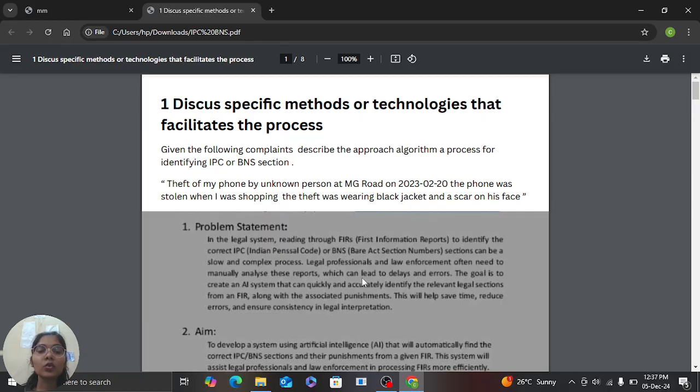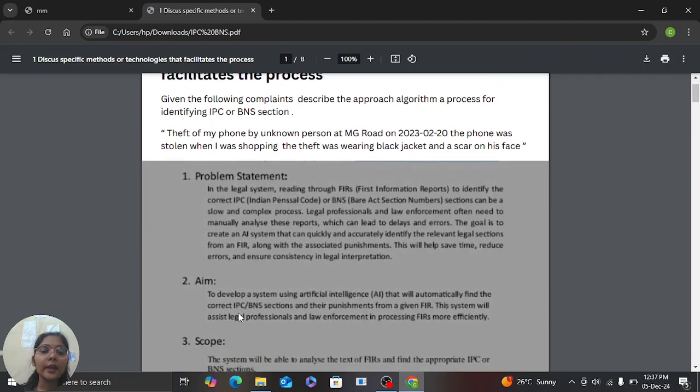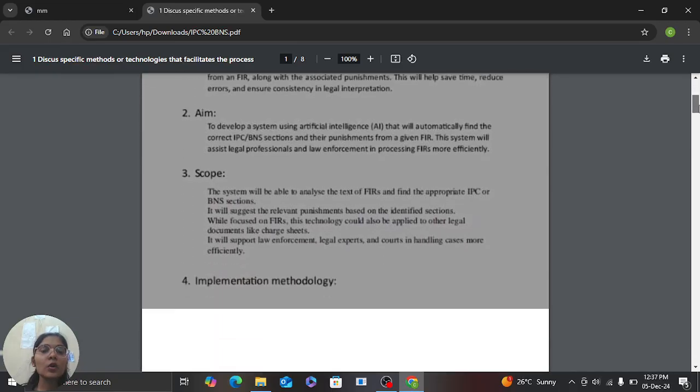So basically the goal is to create an AI system that can quickly and accurately identify the relevant legal sections regarding that complaint. Here I have written the aim: to develop a system using artificial intelligence to automate the complete process.